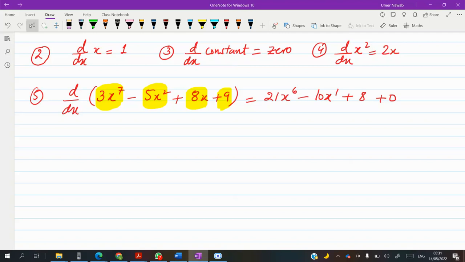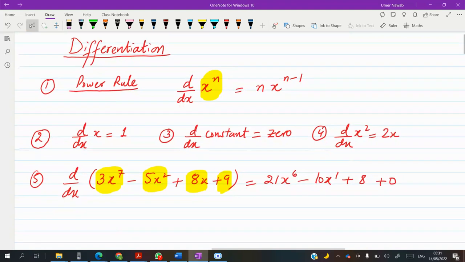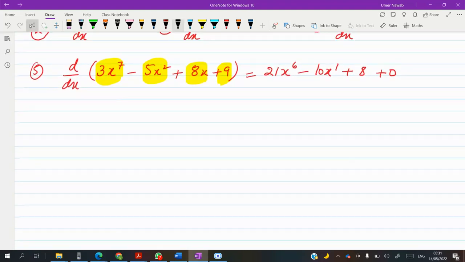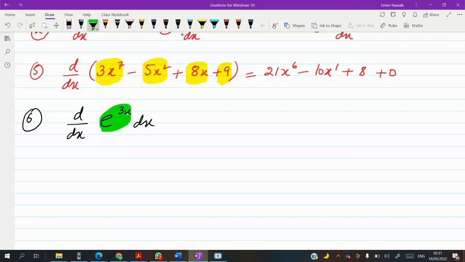Another thing which I want to mention here, in the A2 course, what are the important functions we have? We have to find the differentiation of an exponential function. Suppose we have e raised to power 3x, we want to find the differentiation. The exponential function is such a function, its differentiation and integration is always the same.